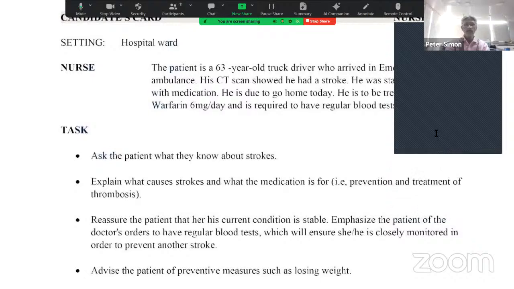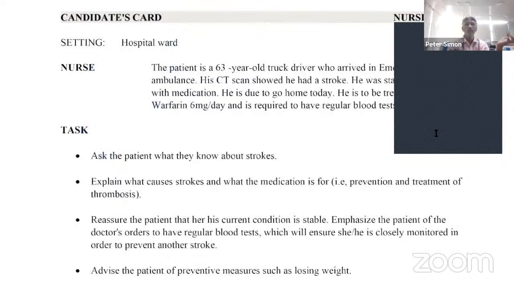Okay, next task number 2. Question 2, we can say, explain what causes strokes. So you are going to provide information.